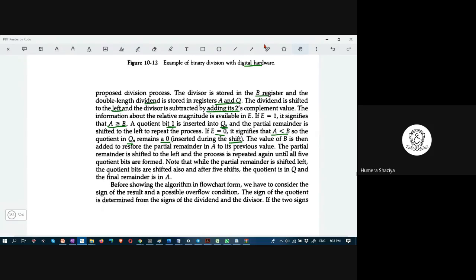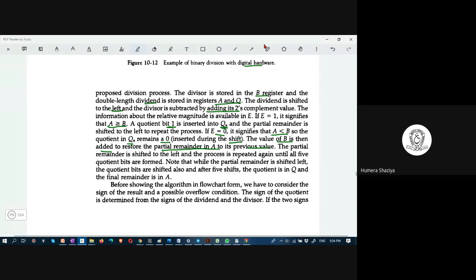When E is equal to 0, it signifies A is less than B, and the quotient bit is 0. The value of B is then added. Why is the value of B added? To restore the partial remainder in A to the previous value.